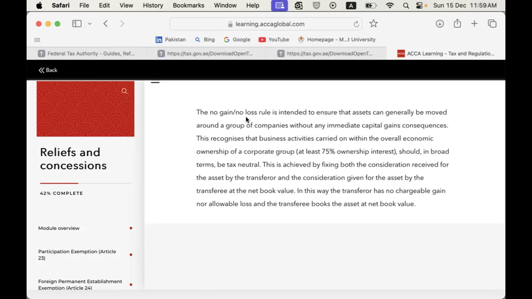No gain or loss rule is intended to ensure that assets can generally be moved around a group of companies without any immediate capital gains consequences. So in case there are gains, it is only the upside of it. It will not be taxed. The downside of it is that if there's a loss, that will also not be considered.